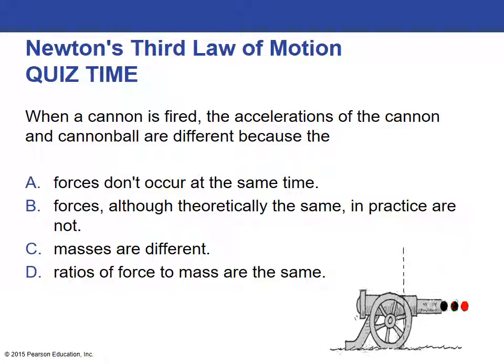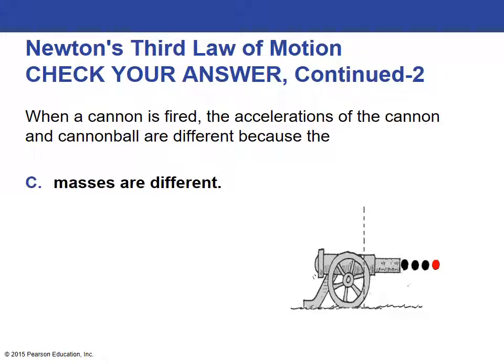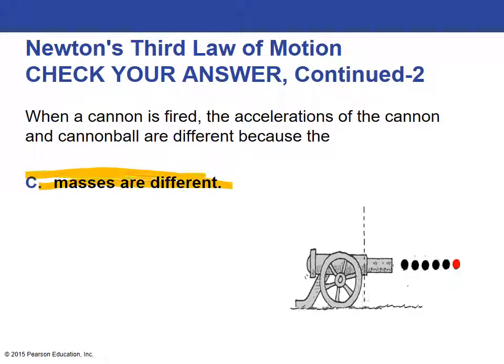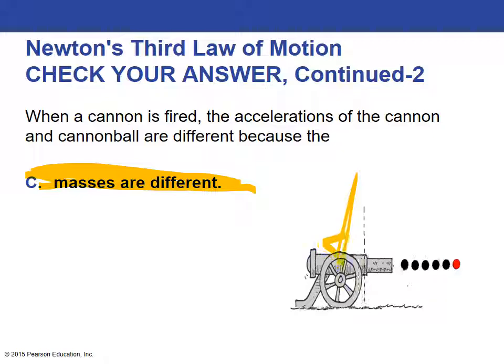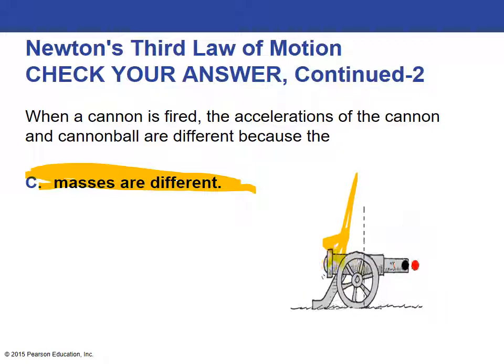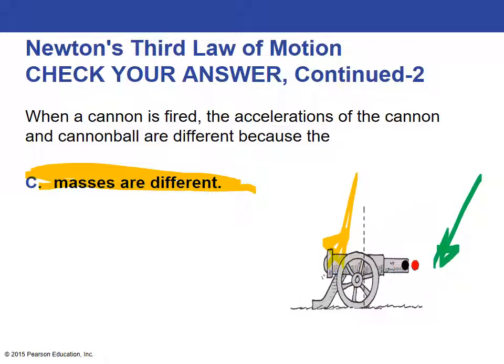Why is it that when the cannon is fired, the accelerations are different? It's all about the masses of the objects. The very, very, very large mass of the cannon and the relatively tiny mass of the cannonball.